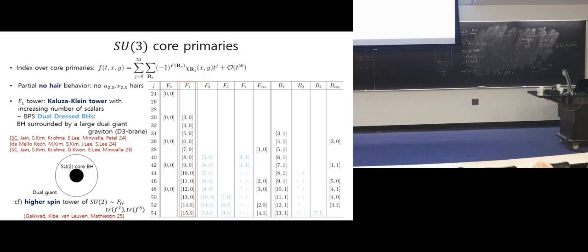So for this SU3 singlet, it was already explained how we can interpret these fortuitous operators. But if we focus on these, it is very tempting to interpret this as the dual-dressed black hole type. So you can think of this number as the radius of the D3 brane surrounding the black hole. So if it becomes larger, the R charge becomes larger.